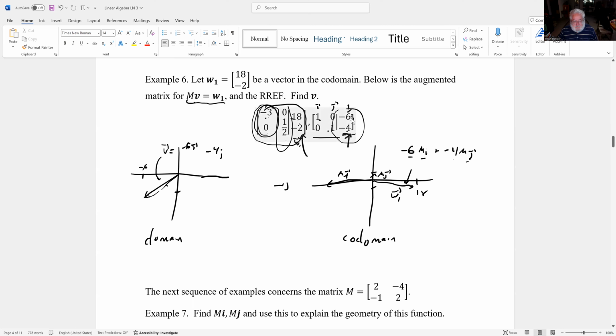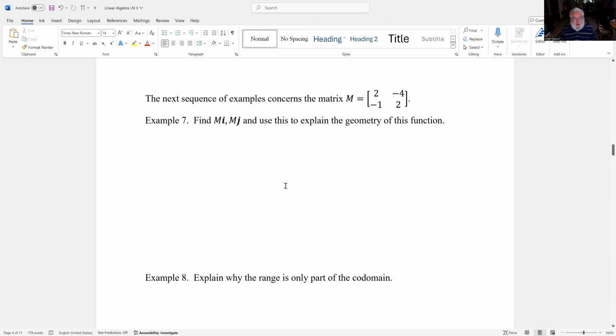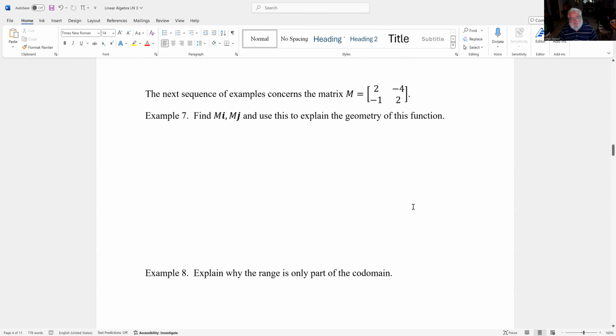And this vector here and these two vectors, the i and the j, have the same relationship as this column and this column do to 18 minus 2. So here's a different matrix, 2 minus 1 minus 4, 2. So what's m sub i? Well, that's the first column, so we're not going to actually write out the multiplication. m sub j is the second column. That's minus 4, 2.